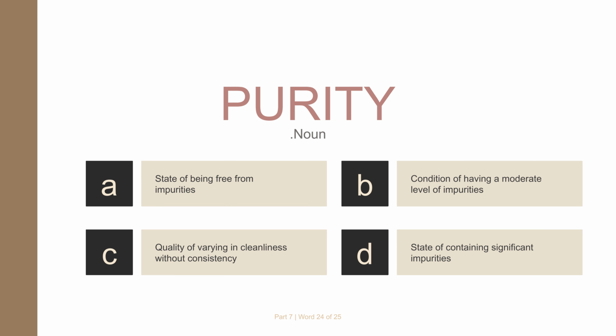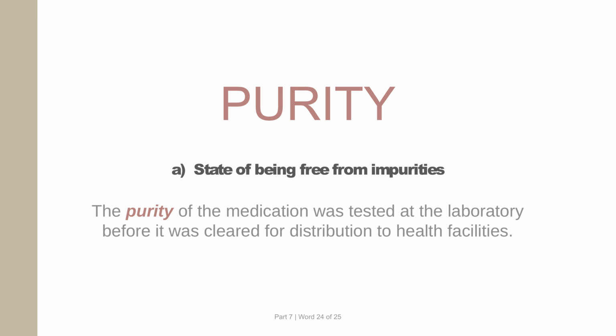Option B: condition of having a moderate level of impurities. Option C: quality of varying in cleanliness without consistency. Option D: state of containing significant impurities. Correct answer: Option A. The correct meaning of purity is state of being free from impurities.